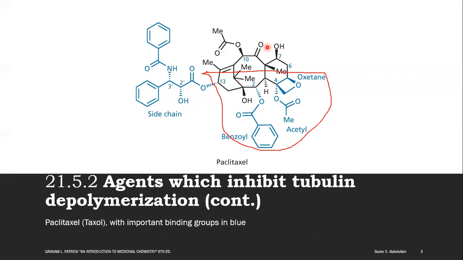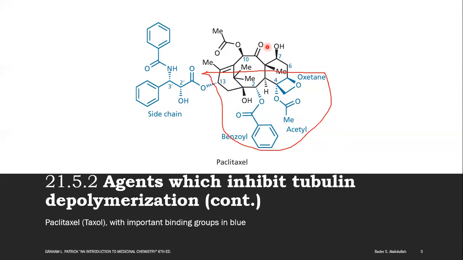Okay, and that led to the discovery of the second generation taxoids. Those second generation taxoids have been found to have 2 to 3 fold better activity than Taxol.